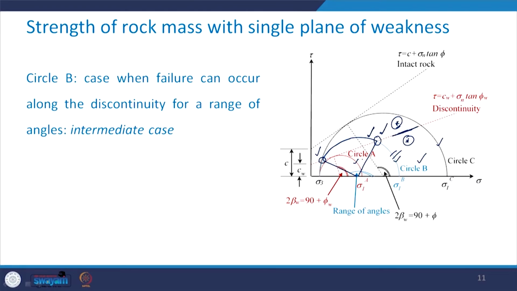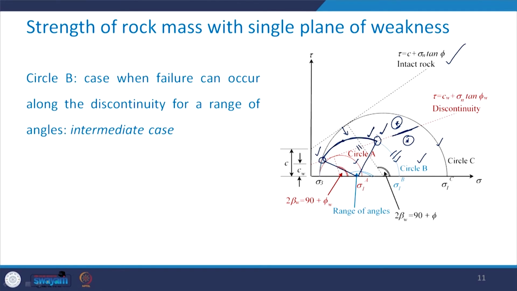This is lying above the discontinuity envelope, but well below the intact rock envelope. What does that signify? That the failure is not going to take place in the intact rock, because still the state of stress is much below the failure envelope of the intact rock, but the failure will occur along the discontinuity in this zone if the state of stress is here.